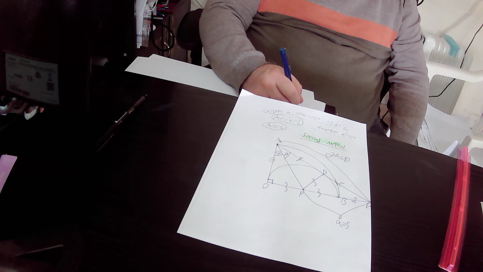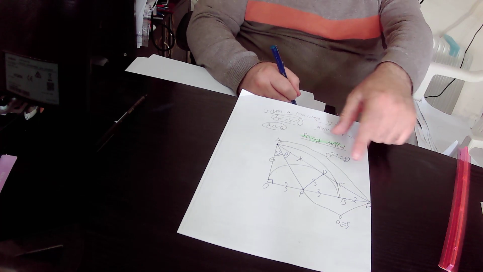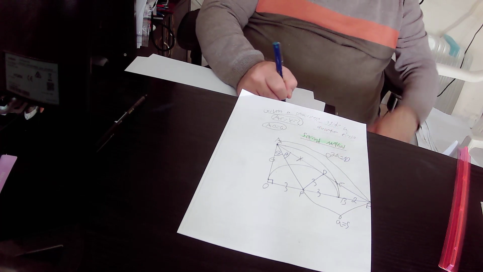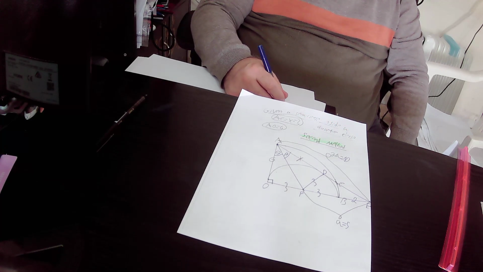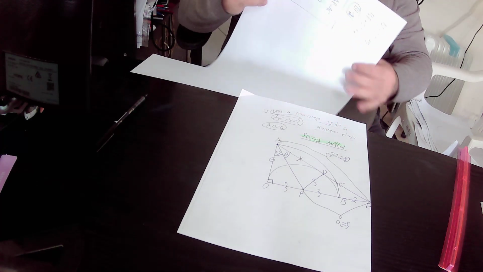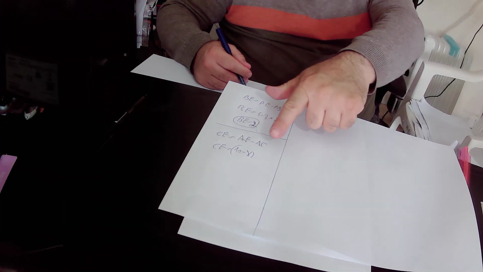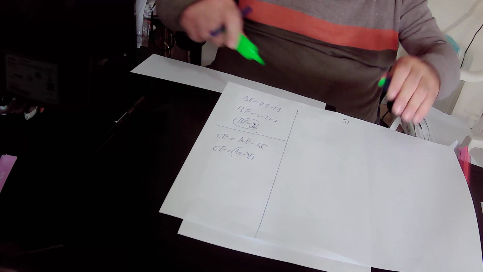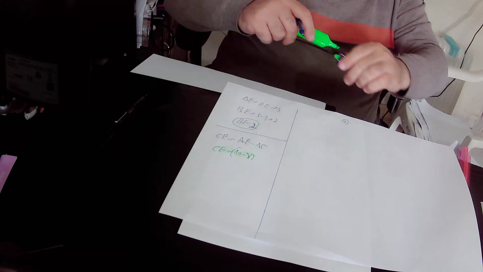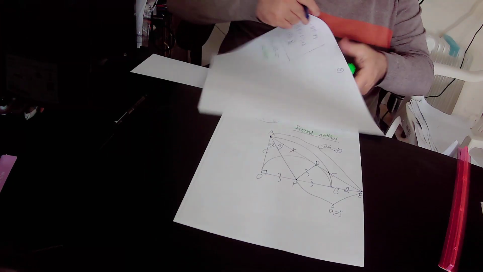So CE equals AE, that is 10 units, minus AC, that is equal to X, according to what is given in the question. So in conclusion, we found out that CE equals 10 minus X. We can write here that CE equals 10 minus X.